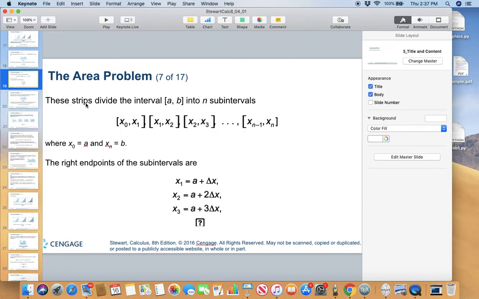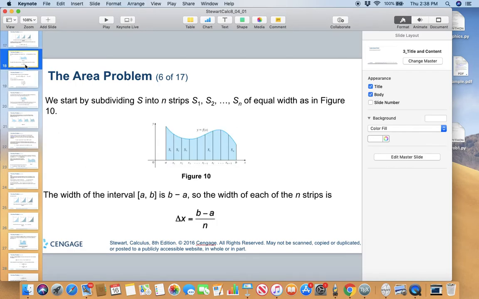So these strips divide the interval [a, b] into n subintervals: x0 to x1, x1 to x2, x2 to x3, up to x(n-1) to xn. What are these xi's? Go back.